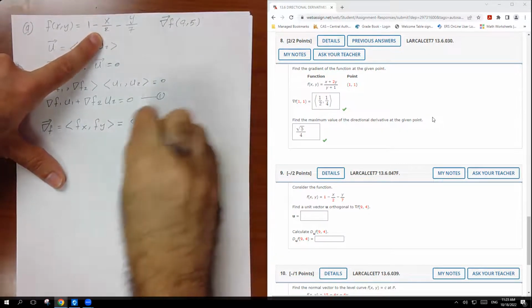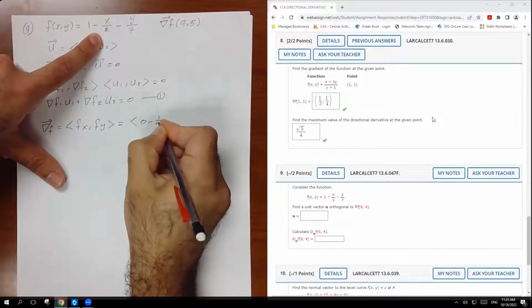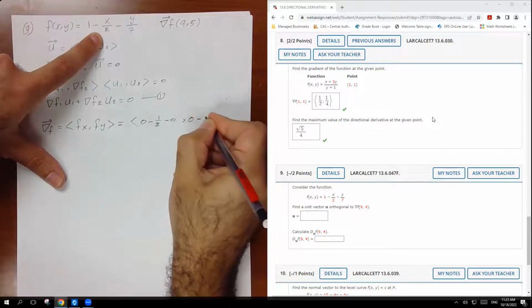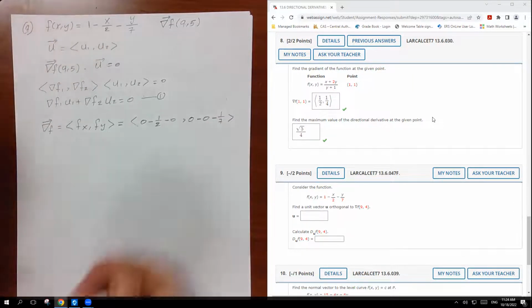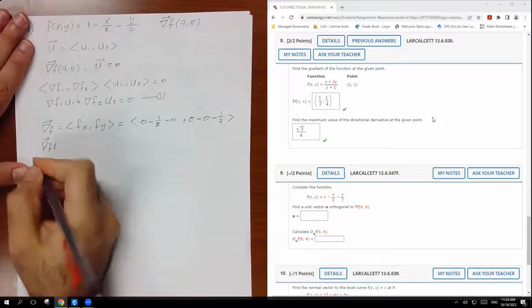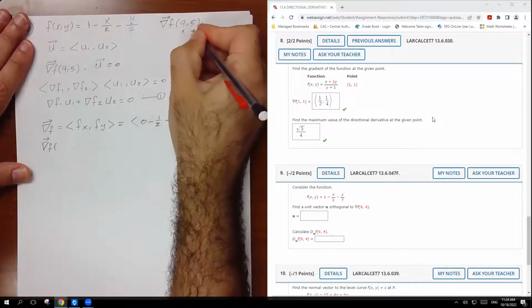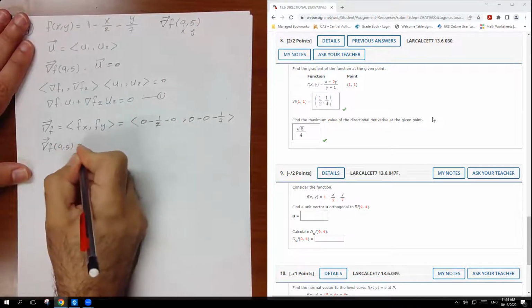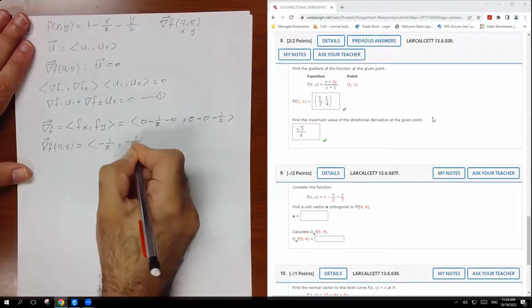Let's write it down first so you're not confused: 0 minus 1 over 2 minus 0. And f sub y is going to be 0 minus 1 over 7. That means the gradient of f at the point, because there is no x and y to plug in, at the point (9, 5) is going to be negative 1 over 2 and negative 1 over 7.